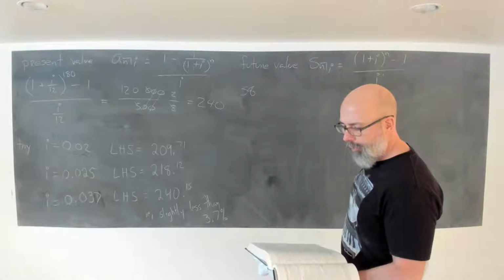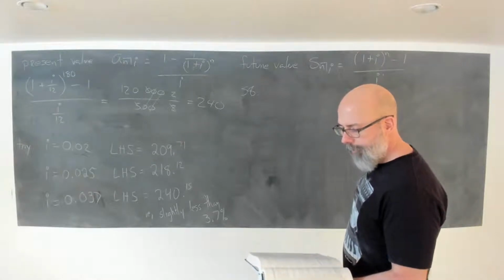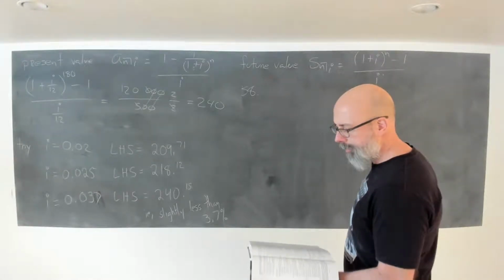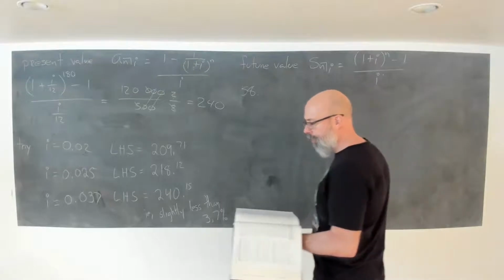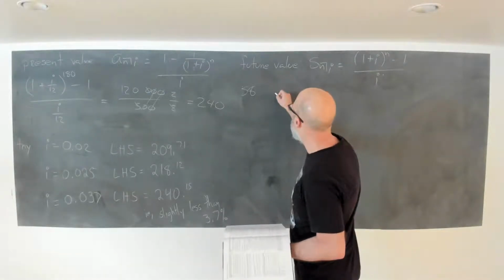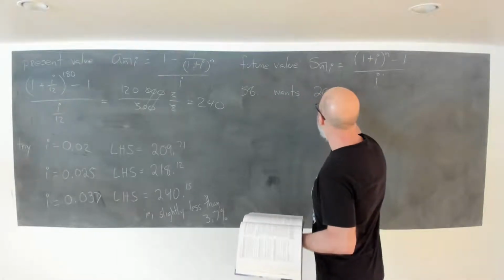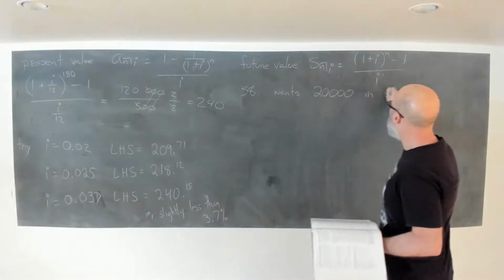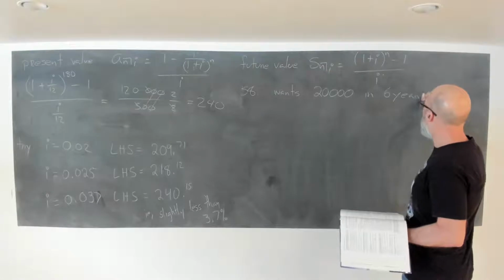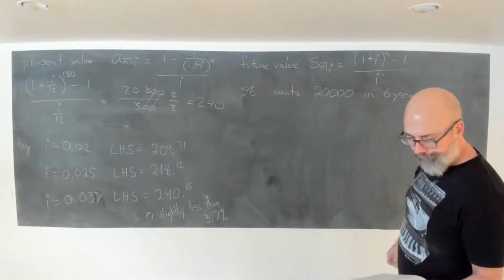58. Michelle wants to have $20,000 as a down payment when she buys a new car in 6 years. So Michelle wants $20,000 in 6 years to buy a new car.